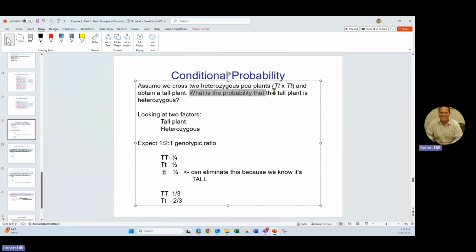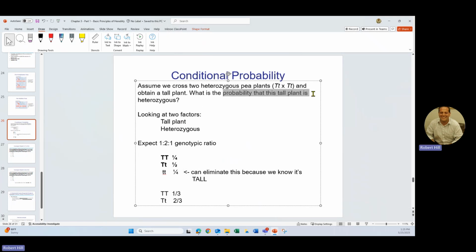Now, what is the probability that we obtain a tall plant? And then what is the probability that the tall plant is heterozygous? Well, only these genotypes make tall plants. This genotype is short, so we can eliminate it because we know the plant is already tall.